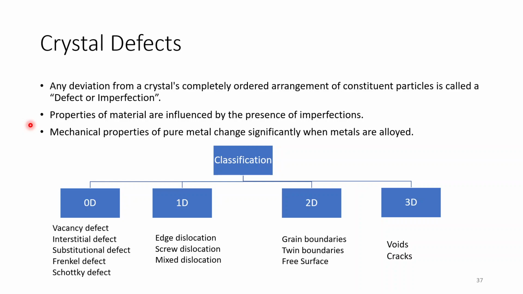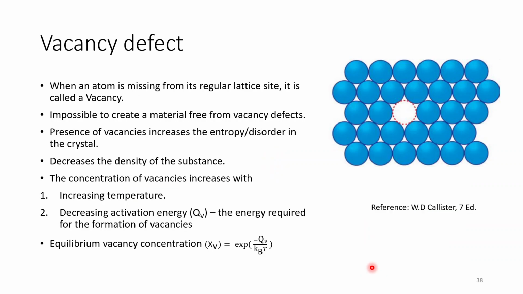In case of 0D, you have vacancy defect, interstitial, substitutional, Frenkel and Schottky defect. In 1D, you have edge, screw and mixed types of dislocations. In 2D, you have planar defects: grain boundaries, twin boundaries, free surface, etc. In 3D, you have voids, cracks, etc.